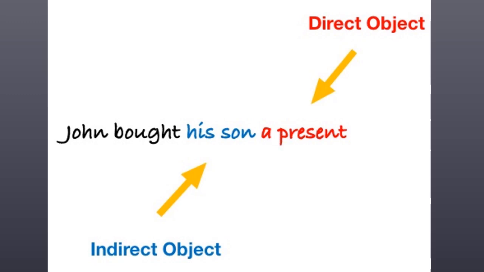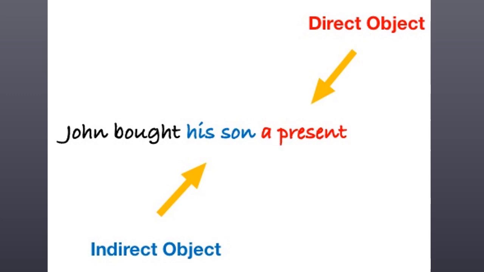In this sentence, we are talking about the direct object and the indirect object. Okay? So John bought his son a present. John is the subject. Bought is a verb. His son, and we have a present. So we have to ask ourselves a question. John bought what? He bought a present.